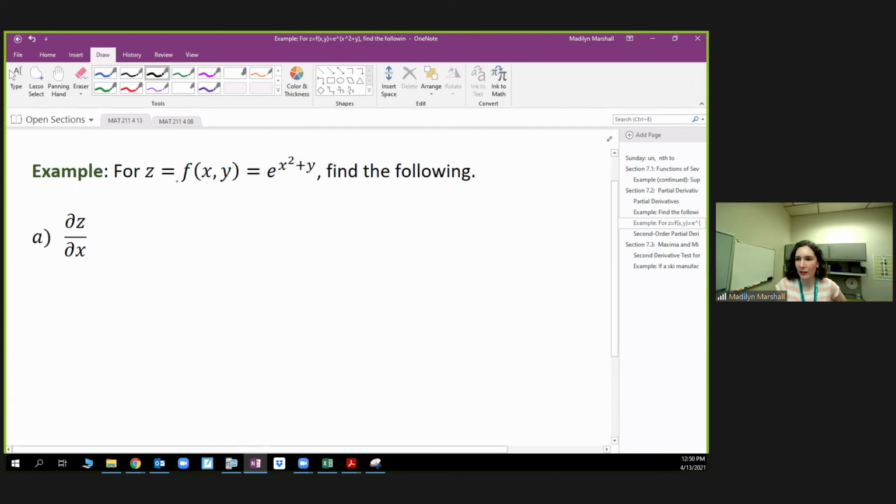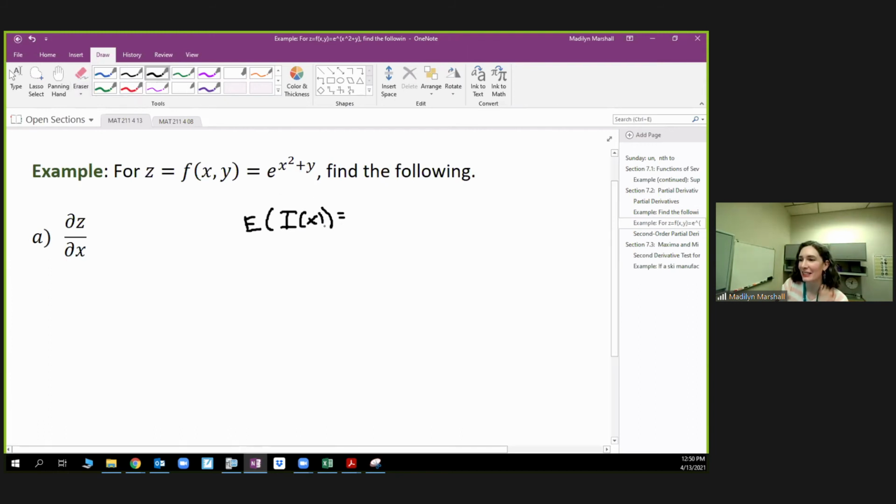So here our function is e to the x squared plus y. So this is a chain rule because we have our exterior function and our interior.